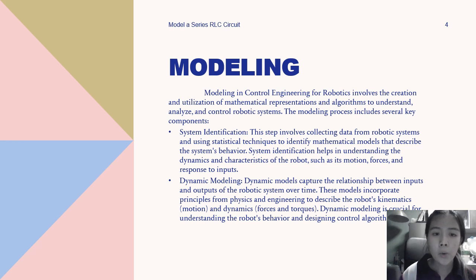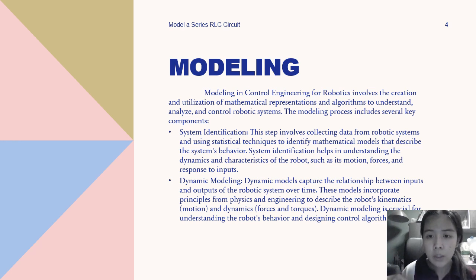And about dynamic modeling. Mostly it shows on the physical design, but in MATLAB we use dynamic modeling to capture the relationship between the inputs and outputs of the robotic system over time.